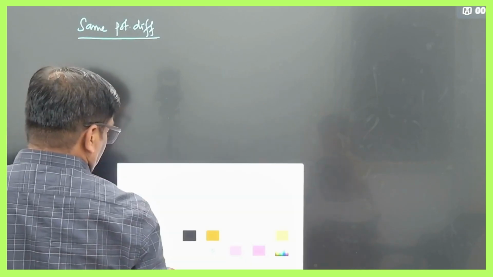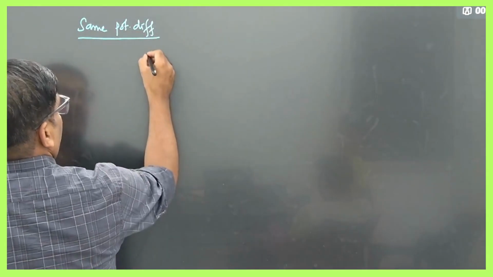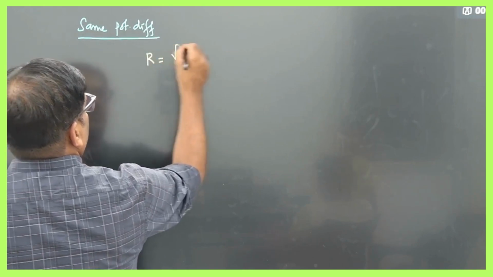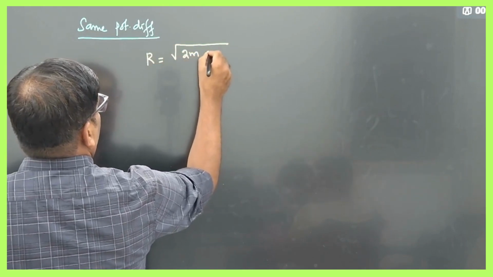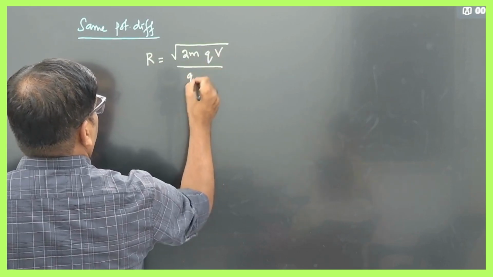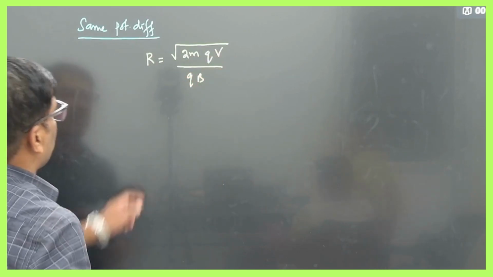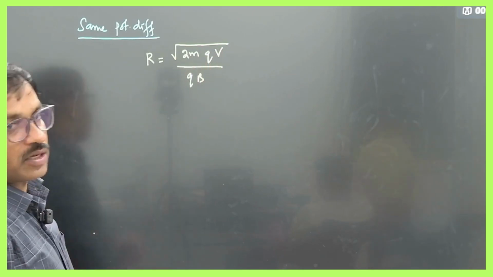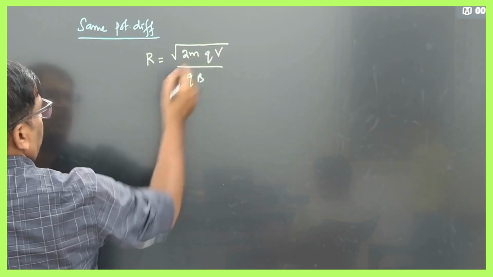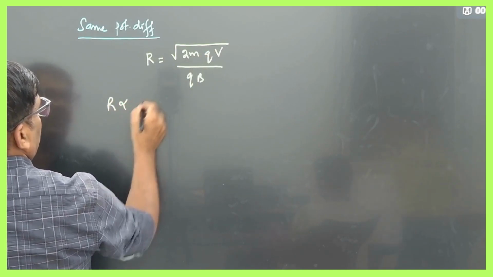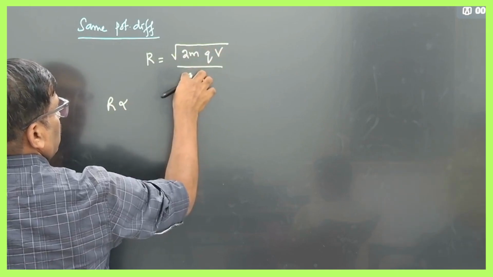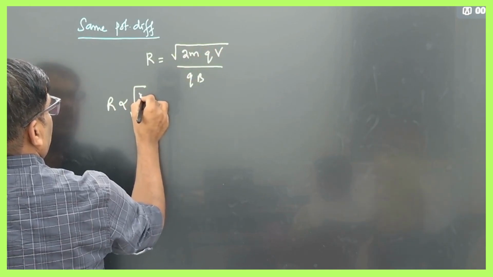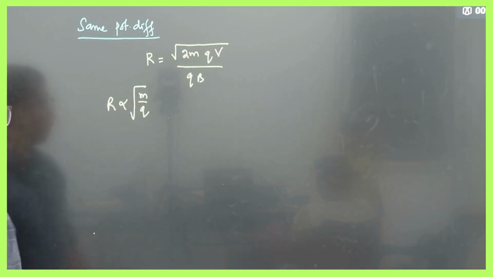Now if they are accelerated with the same potential difference, what is the formula here? R is equal to square root of 2m into q into potential difference by qB. What do we know now? It will be directly proportional to q. V is constant, B is constant, therefore R is proportional to root m by q. Clear?